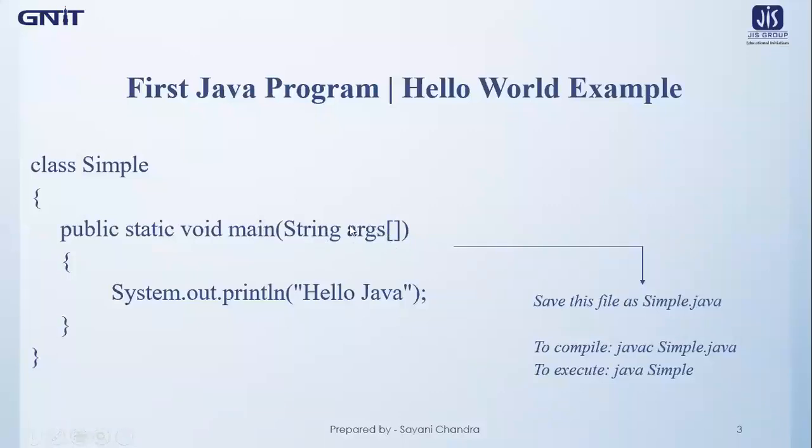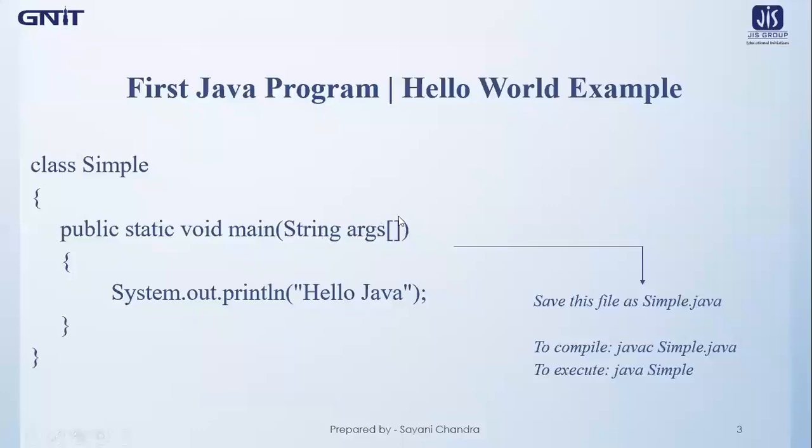Now, after this, args has been used. Args stands for arguments. This is an array, as we can see that an array sign is there. The syntax of an array in Java obviously differs from the syntax of an array in C language, but the concept here is more or less the same as in C language.